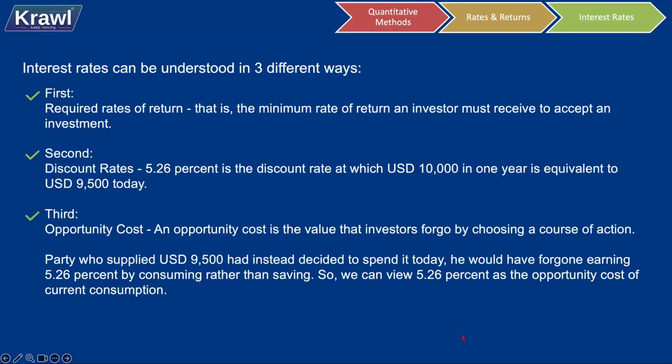So that absolute amount of 500 USD is the opportunity cost, which is equal to the rate of interest, which is equal to the discount rate of 5.26% on a future value of 10,000, which brings it down to 9,500 USD.